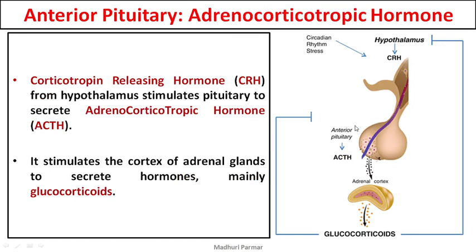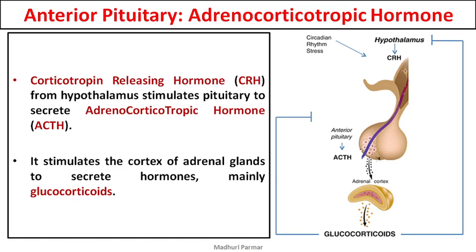The third hormone is adrenocorticotropic hormone. The hormone from hypothalamus is known as corticotropin releasing hormone, CRH. Why is it known as corticotropin releasing hormone?